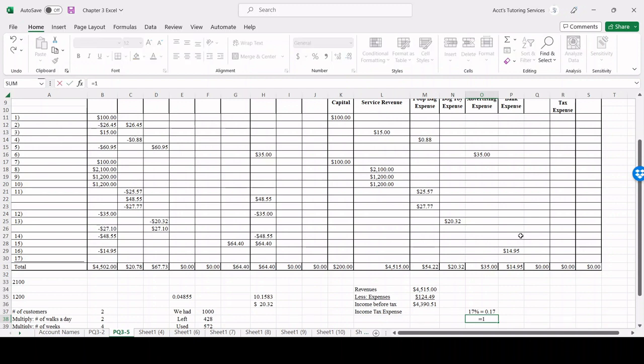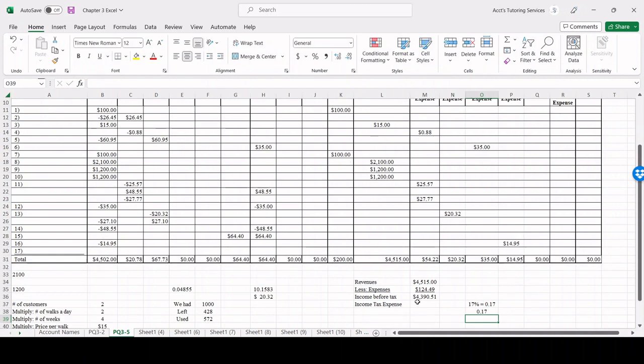To arrive at that, we're going to do 17 divided by 100. There you go. So we're going to simply take the income before tax, and we're going to times it by 0.17 to arrive at $746.39.